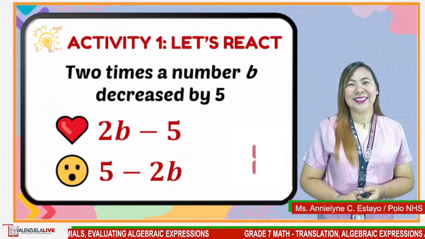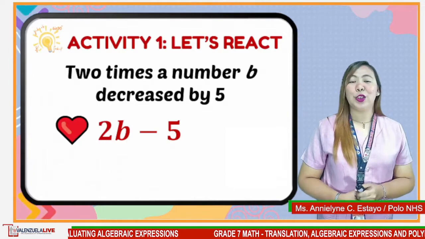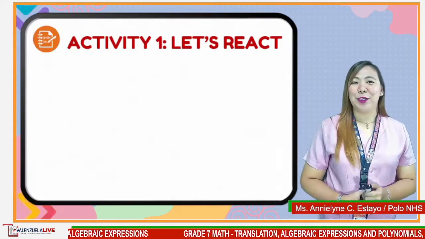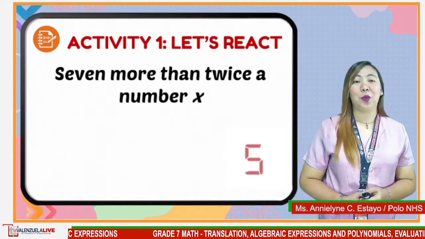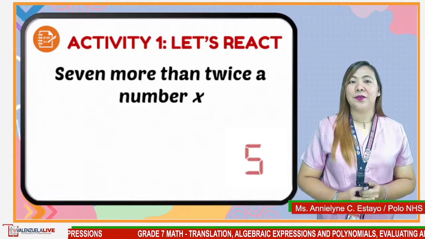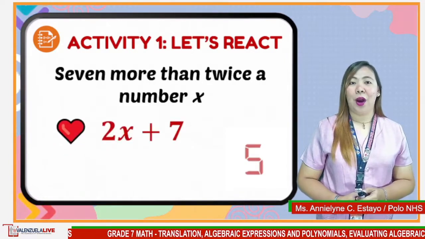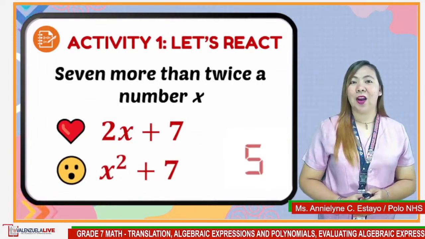If your answer is heart, 2b minus 5, then you are correct. Number 2: 7 more than twice a number x. For heart, it is 2x plus 7, and wow is x squared plus 7. 5 seconds, go.